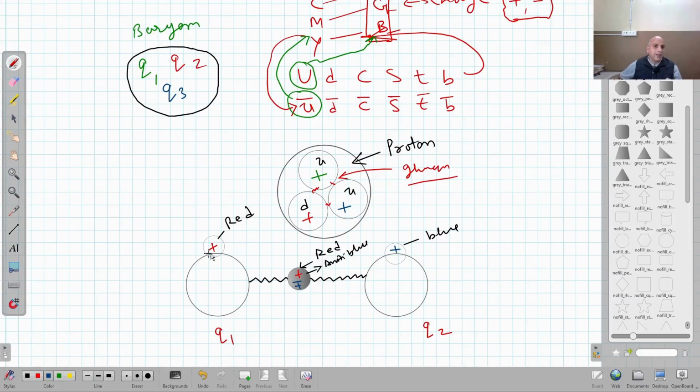It carries the color that was present on this quark, and an anti-color that is going to be on this quark. So when this quark emits this gluon, it becomes blue, and when this quark Q2 receives this gluon, its blue gets cancelled with this anti-blue, so it becomes red. So now it is blue and it is red.